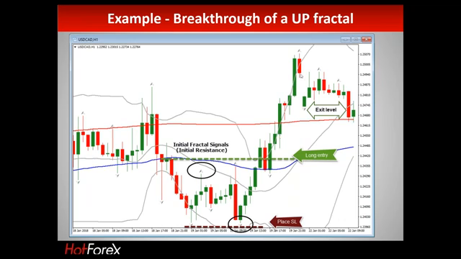So you could enter long, and again, you could consider your exit levels as long as you see that your price action fails to go above, to continue with some bullish candles, but instead an up fractal was formed at this level over here.